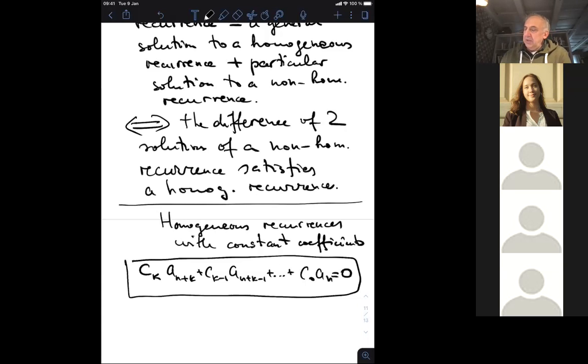And again, the idea is we can guess a whole bunch of solutions to such a recurrence.